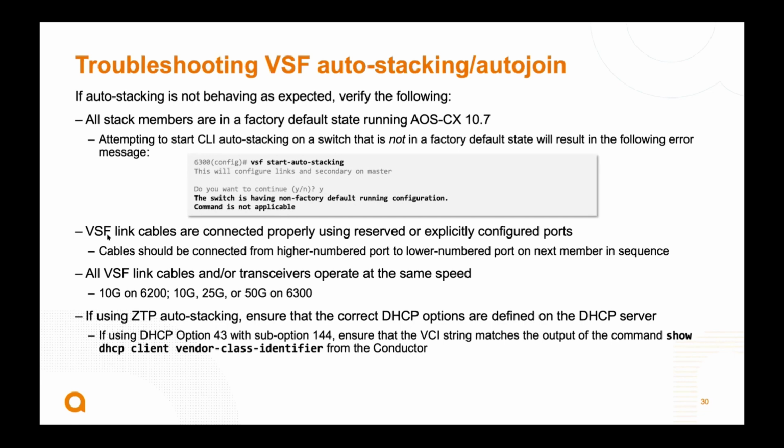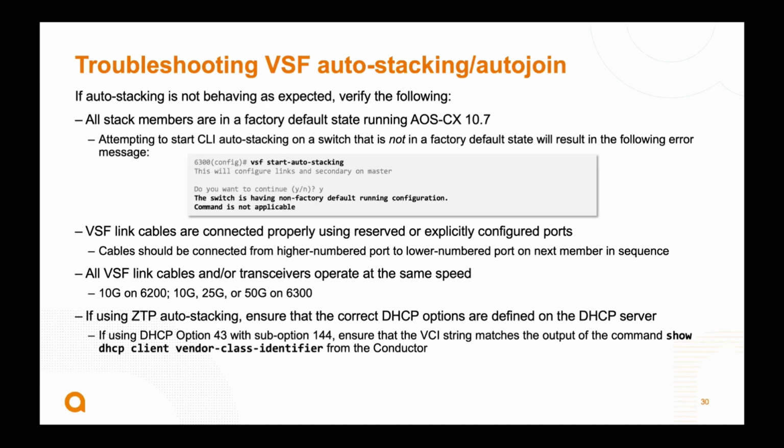Make sure that your VSF link cables are connected properly, either to the reserved VSF link ports in the fashion that we specify, high number to low number for each member in sequence, or the explicitly configured ports for the ZTP method. All of your VSF link cables and transceivers have to support the same speed and operate at that speed.